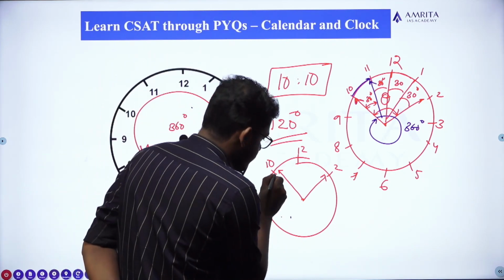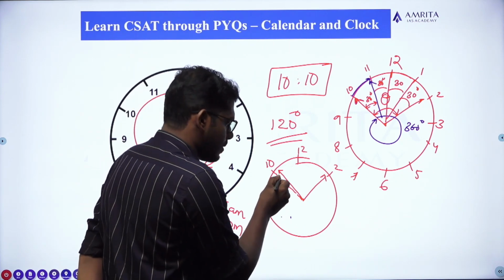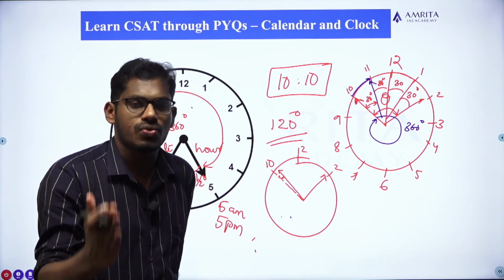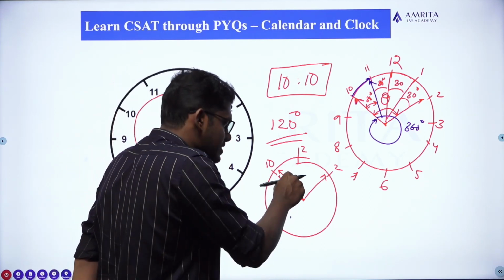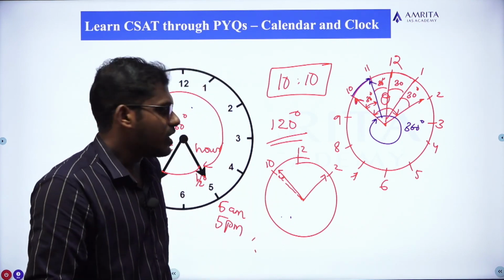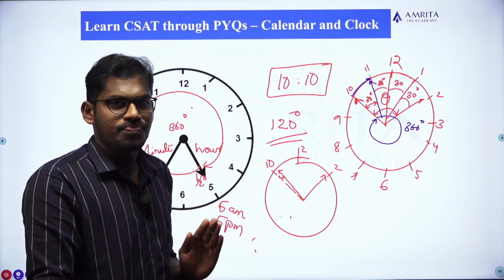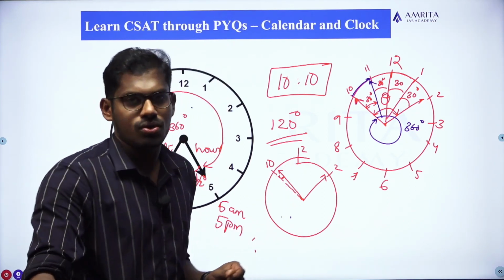That is, if this is the actual one, in reality the hour hand has slightly moved towards the right. So we have to consider this much angle here. In total, it constitutes an angle of 120 degree. From the 120 degree, we have to subtract this small amount.